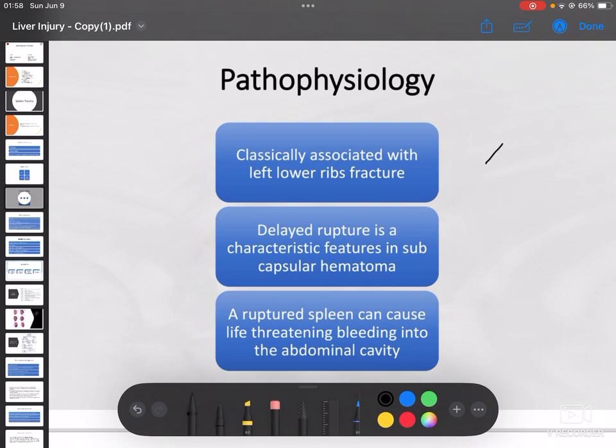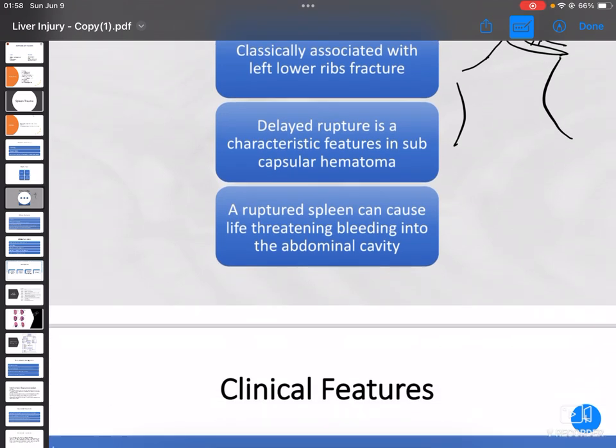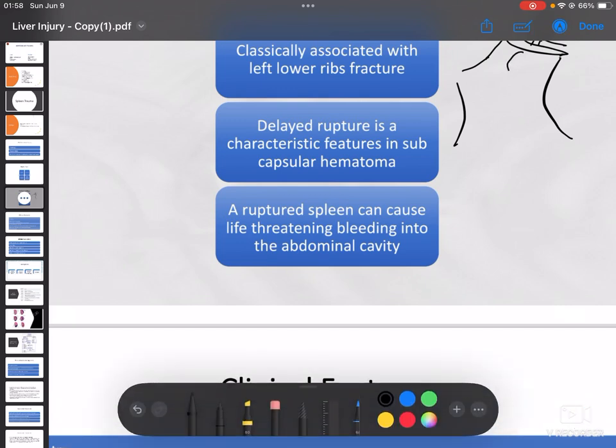Here it is a rib, and this is on the left side. If there is a fracture in the left lower rib, a delayed rupture could happen. The characteristic feature is a subcapsular hematoma. A ruptured spleen can cause life-threatening bleeding into the abdominal cavity. Initially, at the time of injury, we may see no injury, but later on when we observe, there may be rupture of the spleen.